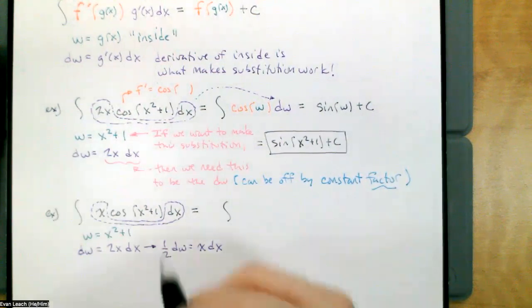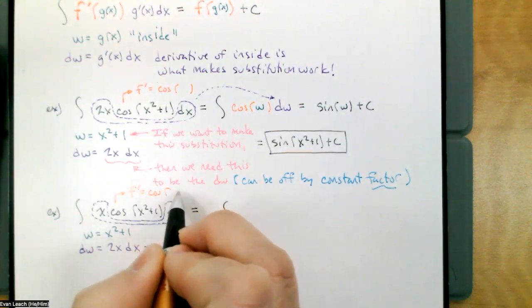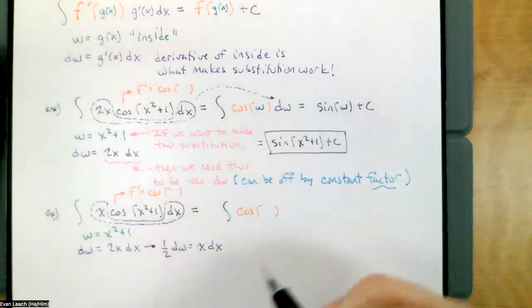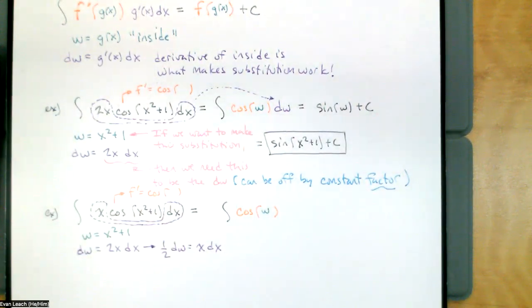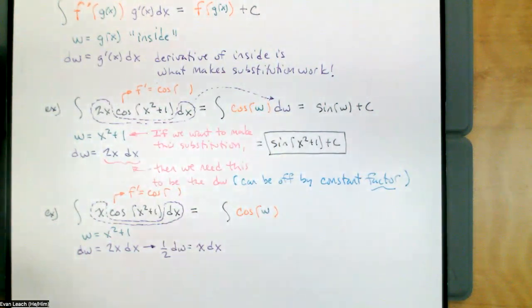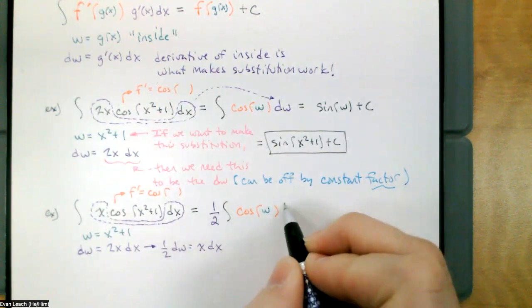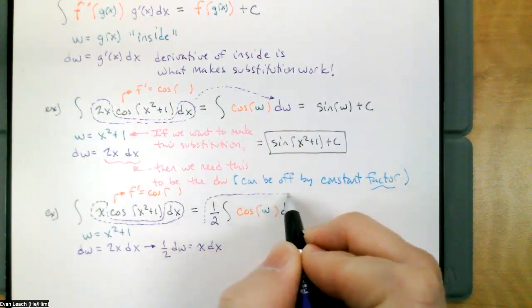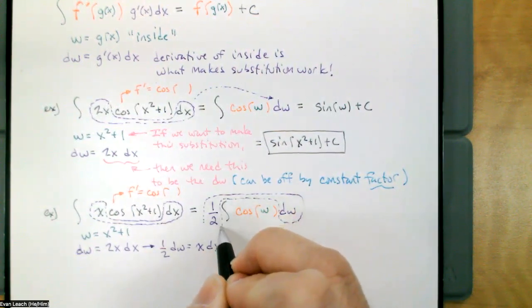We're still identifying our outside function as cosine. So our cosine of x squared plus 1 is going to be a cosine of w. And in this case, the x dx becomes 1/2 of dw. I usually write the constant out in front because it's just a constant factor. These two parts go together, in case you're not taking your notes in glorious Technicolor.